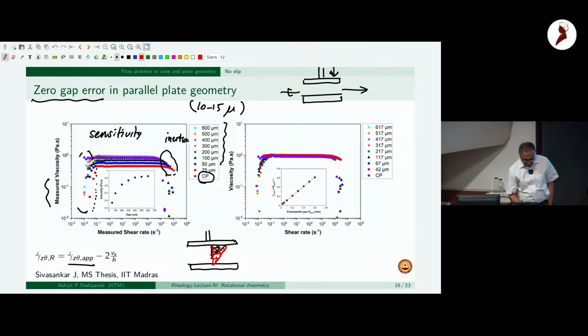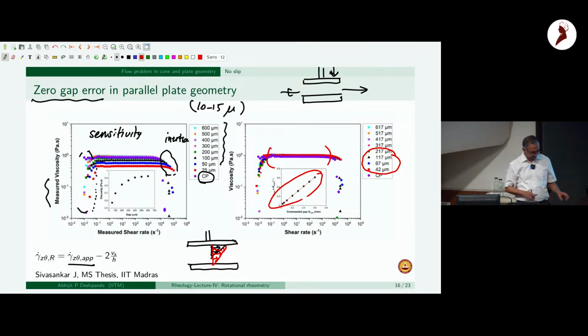You can do a systematic analysis, and this straight line shows that if the data lie on one straight line, we can back calculate the exact gap error, and if we correct for that, the data collapse on top of each other. So gap correction is significant for gaps such as 100, 600 microns, because it is now 10% or 20% of the overall gap. When the gaps are large, the gap correction is not so important.